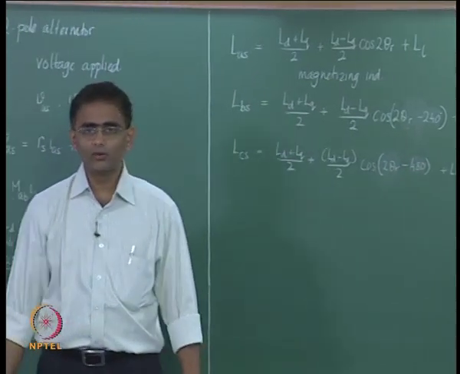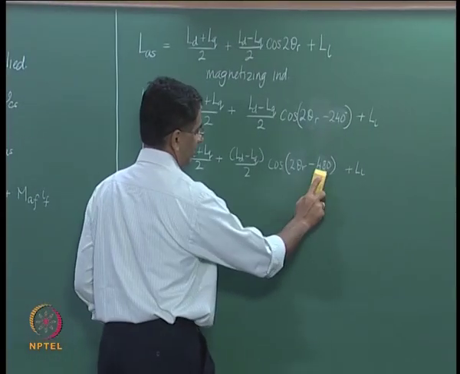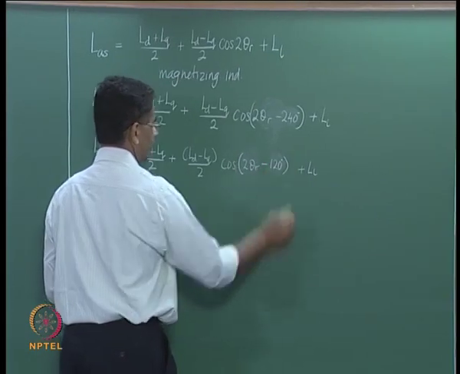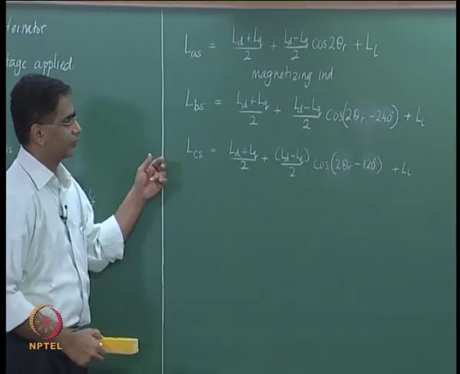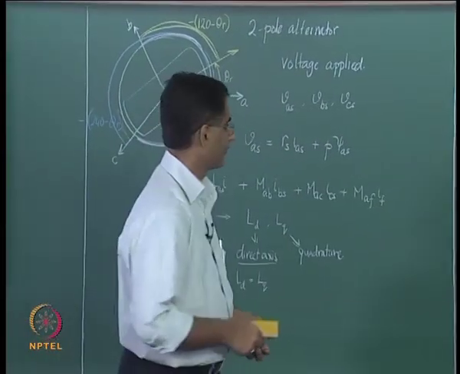Minus 480, you can add another 360 degrees to it, or subtract 360. So, this becomes minus 120 degrees. So, these are the expressions for the self inductance of the 3 phases.